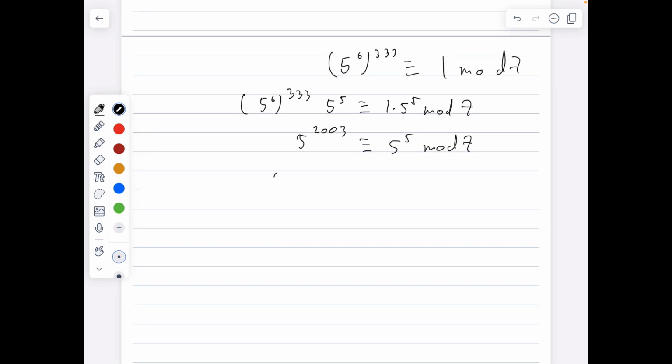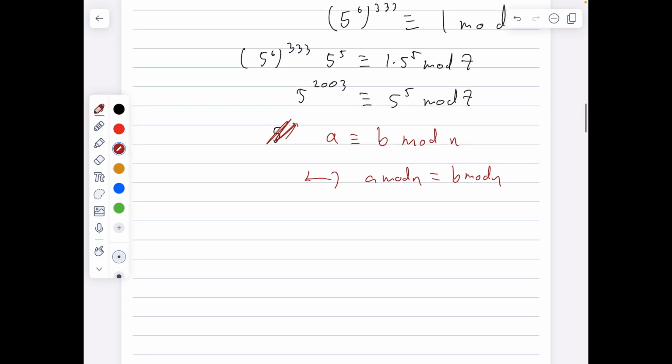And we have a rule that says the following. If a is congruent to b mod n, this happens if and only if a mod n is equal to b mod n. Okay, so I'm going to use that theorem here.